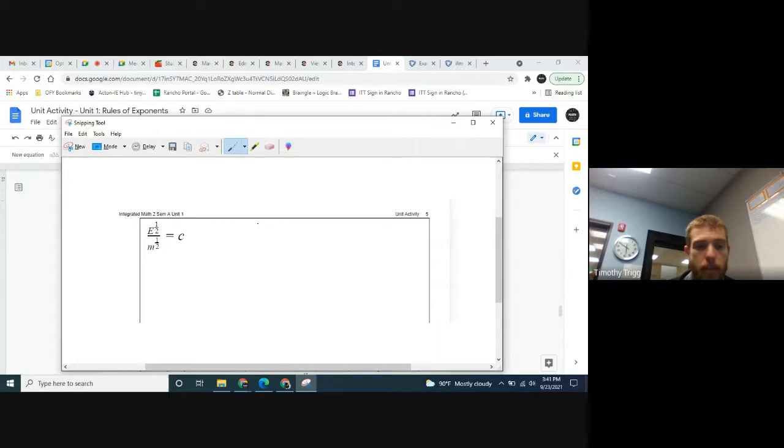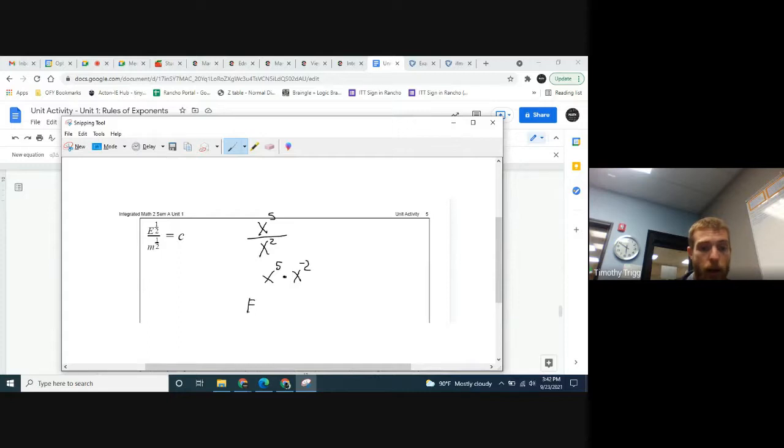If I have, let's say, x to the power of 5 over x to the power of 2, what you can do is rewrite this: the x to the power of 5 stays the same, and then times x to the power of -2. So having a power in the denominator, you could rewrite it as no longer a fraction by putting it as a negative power.